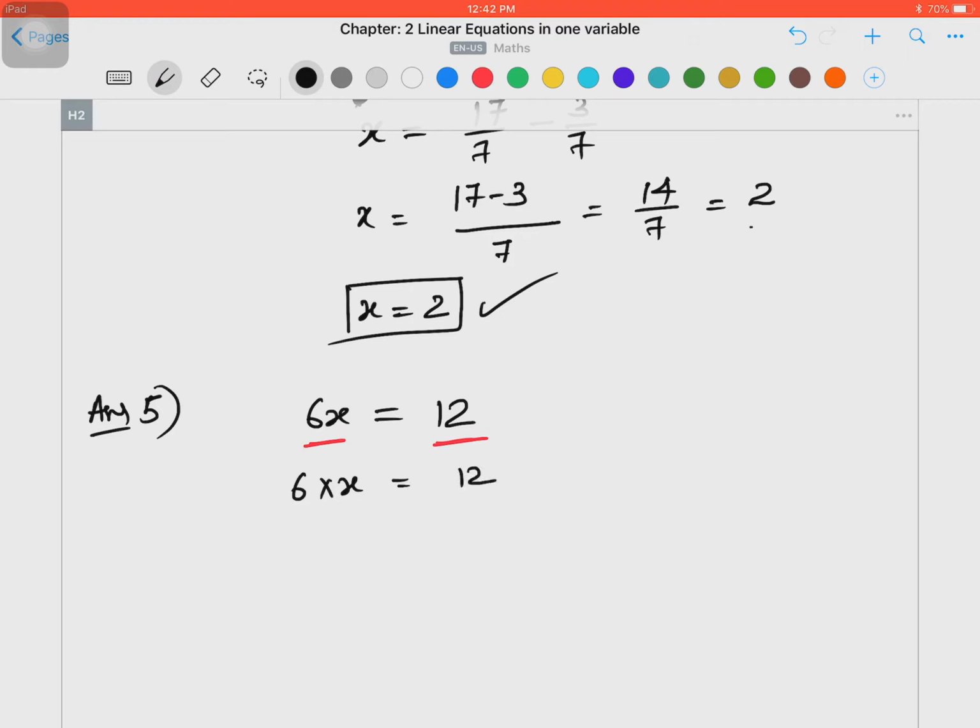As I said, when you shift this number onto the other side of the equality, its sign will be reversed. This one is in multiplication, so its sign will change to division. So it will be written in the denominator of the 12. So this 12 by 6 is equals to 2. Hence again x is equals to 2.